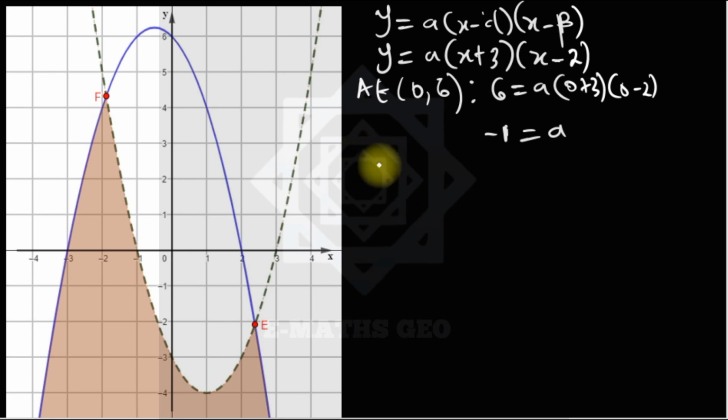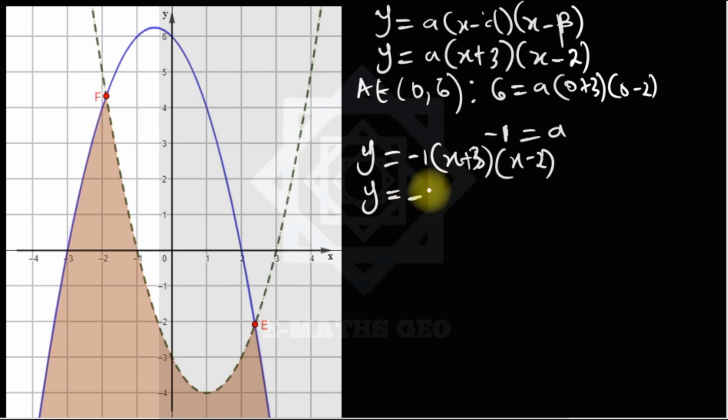So let's now get the function, which is y equals a, which is minus 1, times (x plus 3)(x minus 2).